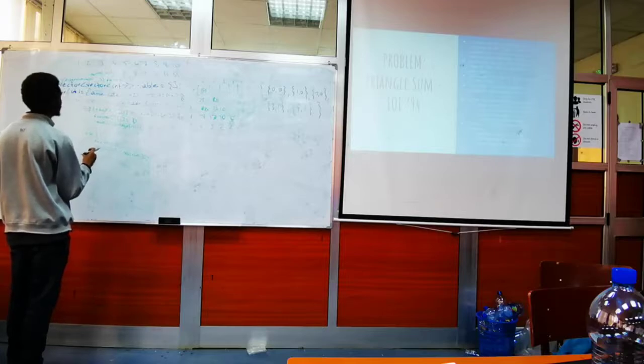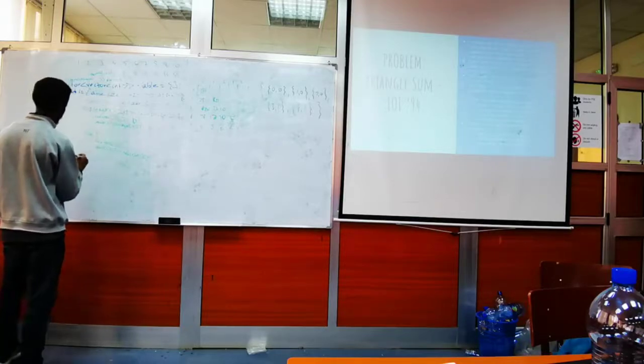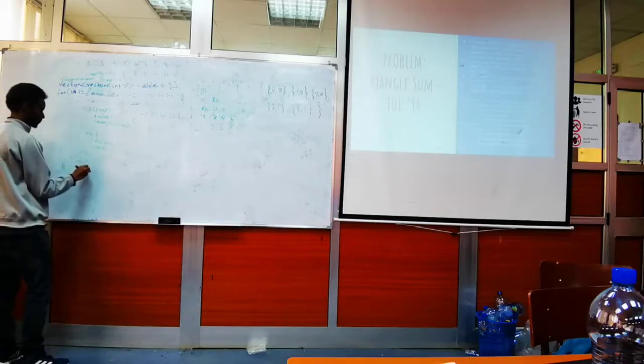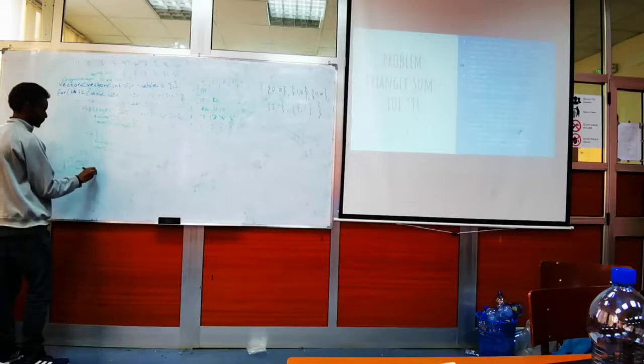I think 0 indicates if you just go down, and 1 indicates if you go down diagonally. Basically, we need to distinguish moves in our direction array here.